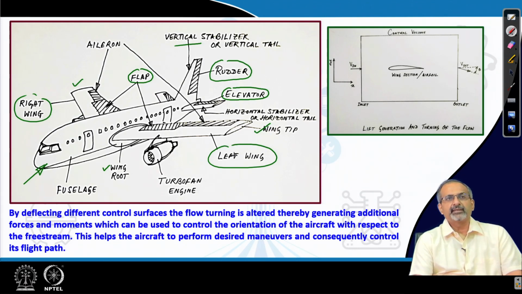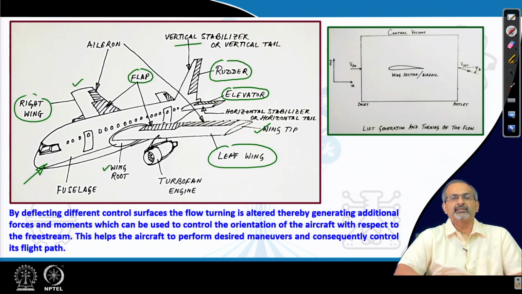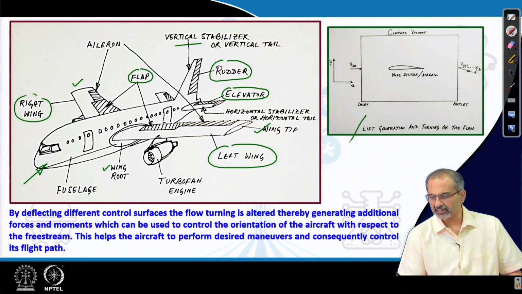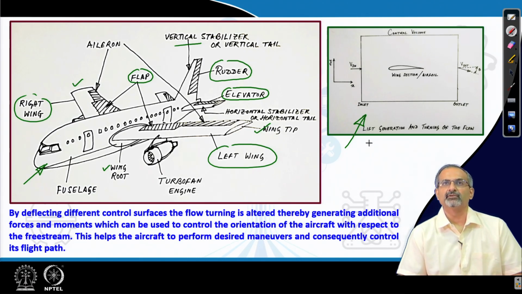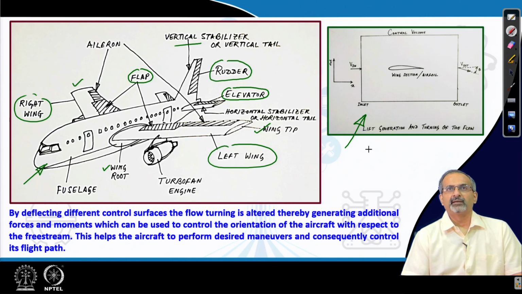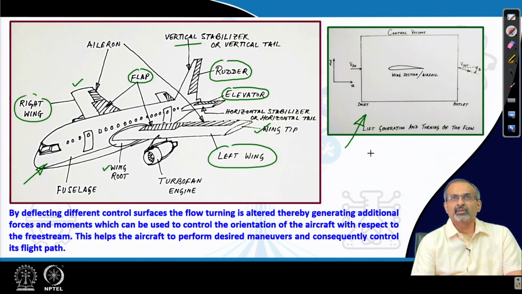So, by deflecting these different control surfaces, what the pilot achieves is flow turning. We have looked at the flow turning example in an earlier lecture. We said that lift generation is dependent on turning of the flow. Therefore, the moment you turn the flow, you have the forces and moments changing on the section that you are tilting.